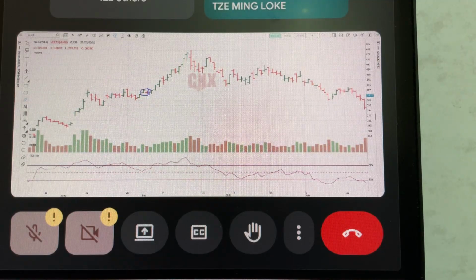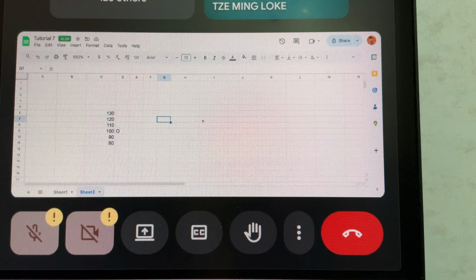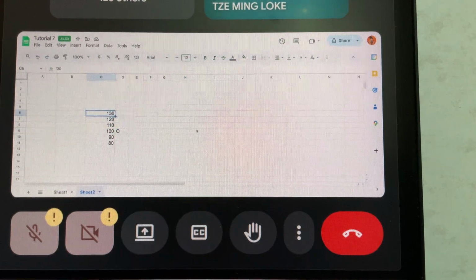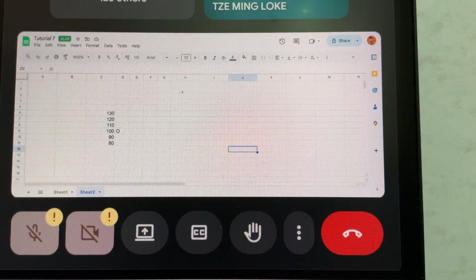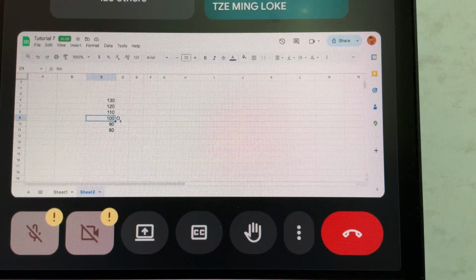So what will happen is, you just wait for the price to see whether it will go up or down. So this is the price here, 100.